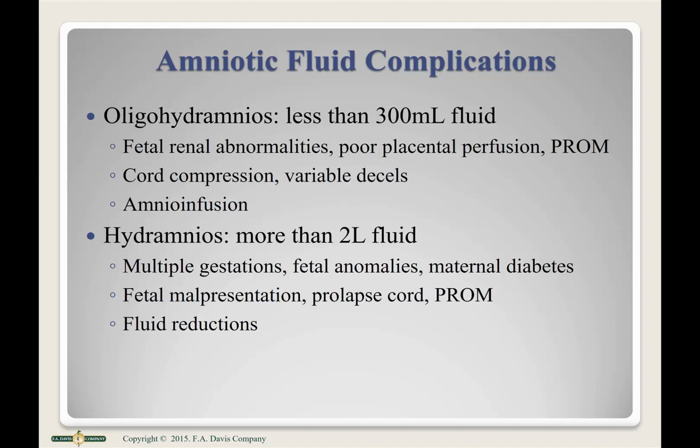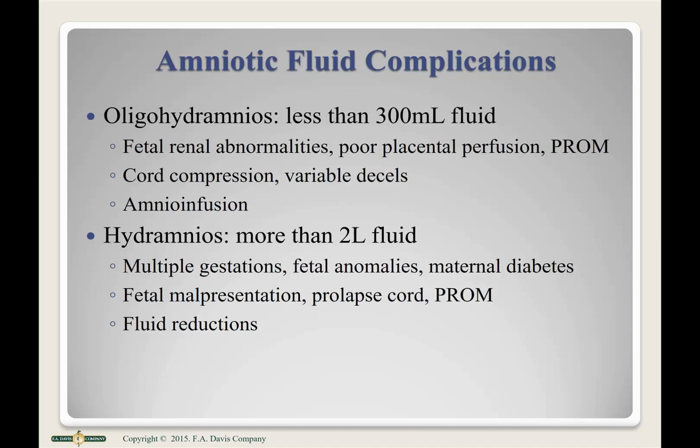They determine that via ultrasound. And the reason why we have oligohydramnios most of the time is because of renal abnormalities, because it is the fetus who produces amniotic fluid, and they produce that through their urine output. So if we have a baby with kidney problems, then we're going to probably have low amniotic fluid.